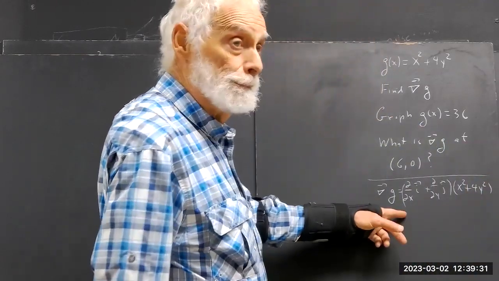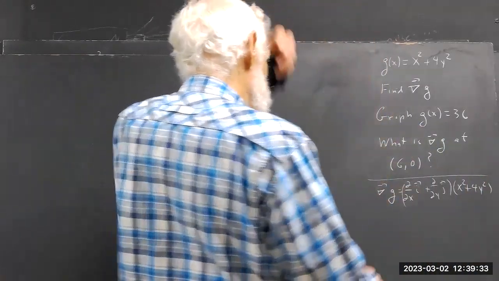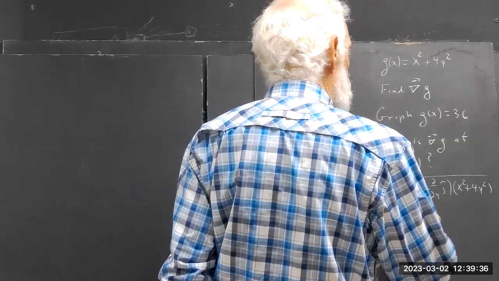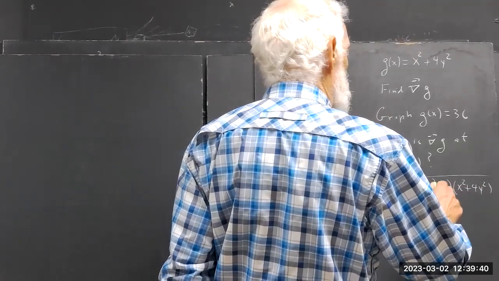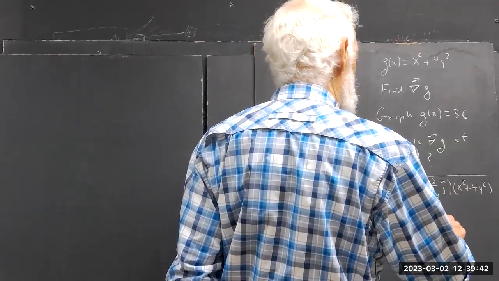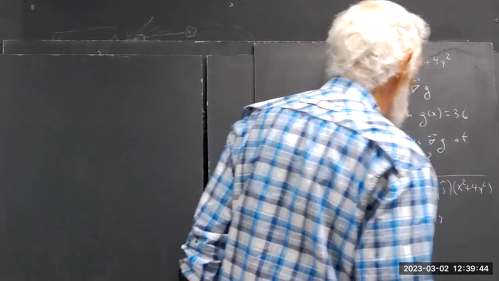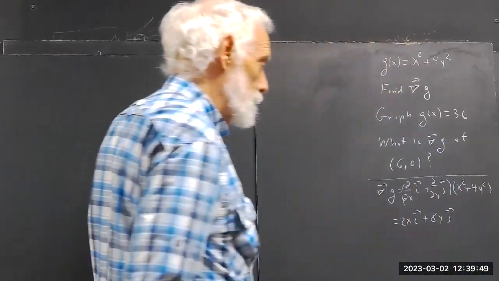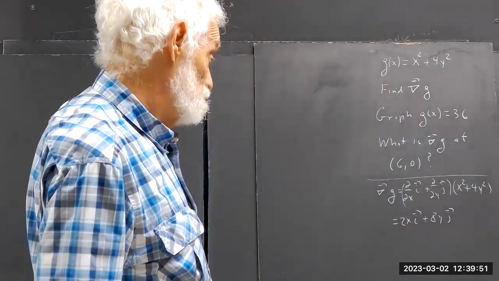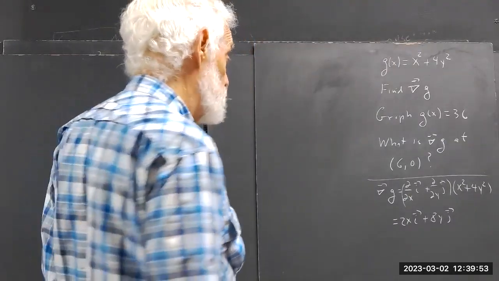We'll write it like this. And then the partial of this with respect to x is 2x, and the partial with respect to y is 8y. There's your gradient. Okay.